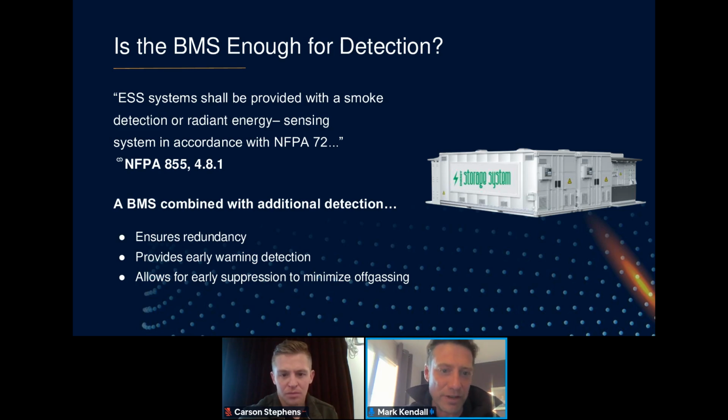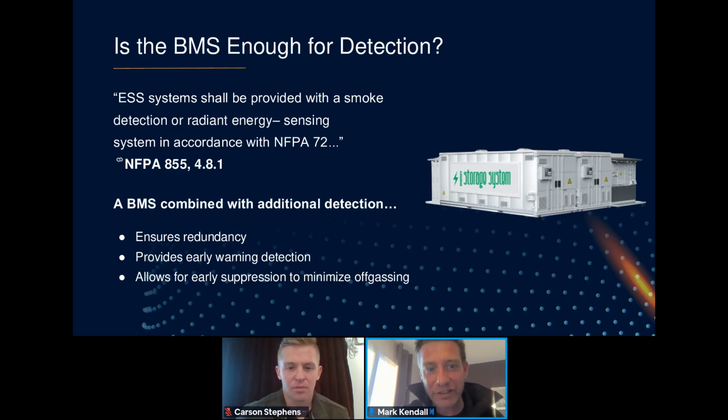It doesn't include the right kind of monitoring that we look for. Although it is a great additional input into the system to give us as much information as we can. Sometimes it can pick up earlier signs, but it's all about that reliability and redundancy and making sure the system is 100% safe.